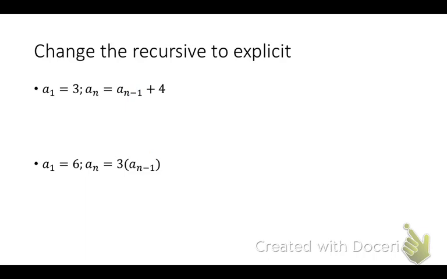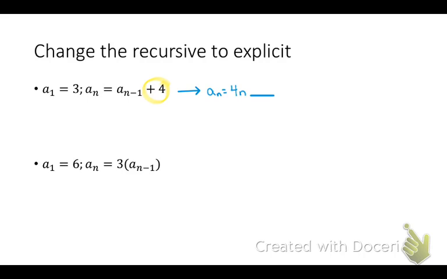If you have to go from recursive to explicit, because this is arithmetic, what number am I worried about here? The 4. So if I'm going to go to an explicit rule, then I'm going to have a sub n equal to 4n. Now I've got to figure out what I've got to do on the back side. I kind of have to figure out what value goes in the blank.